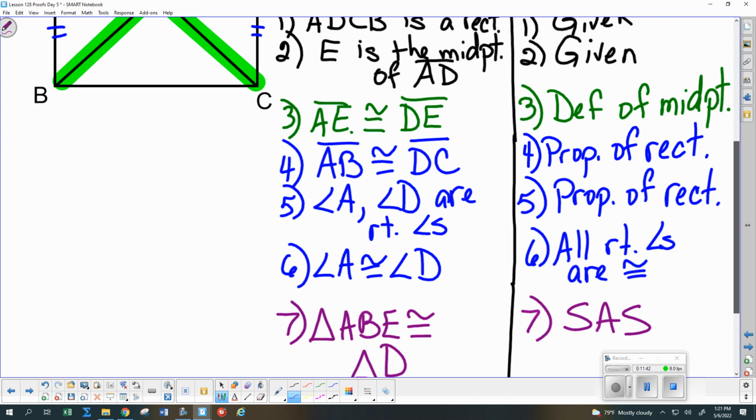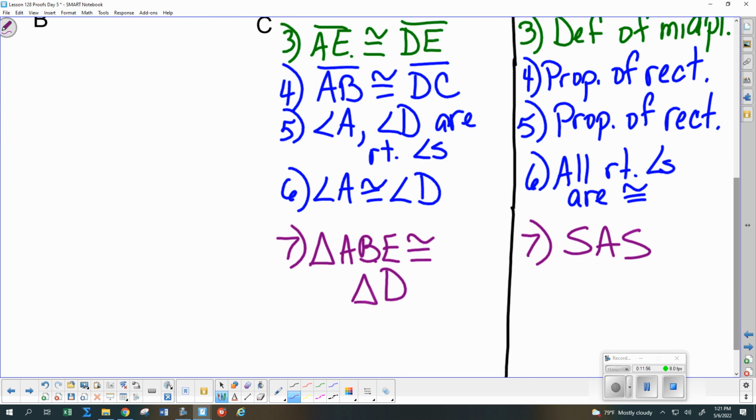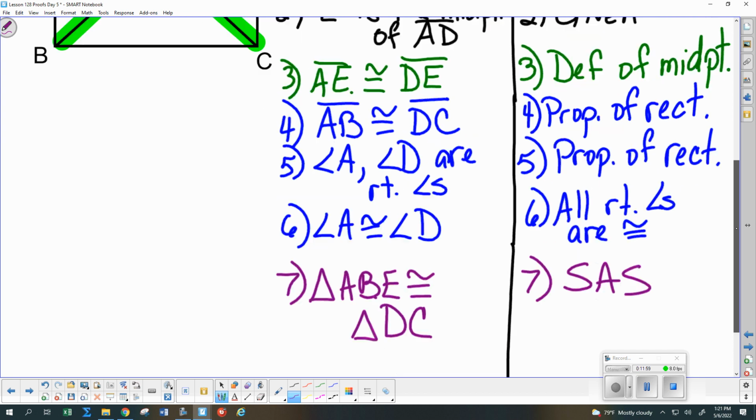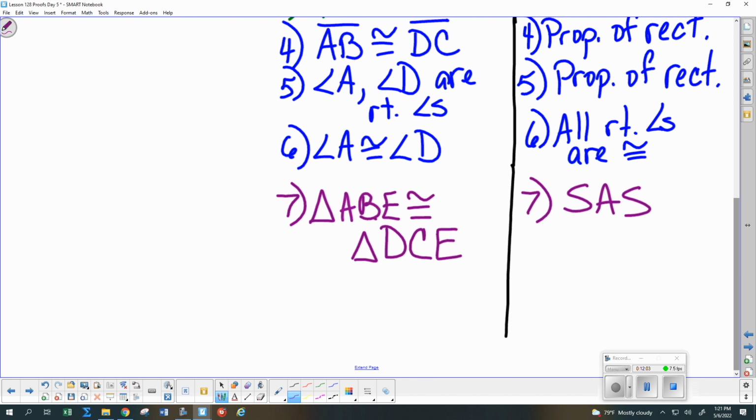A and D are corresponding angles. Side AB, so my first two letters, was marked with 2 tick marks. So I need the side that starts at D and has 2 tick marks. So D to C, so C has to go next. And then back up to E. So everybody feel okay about that?